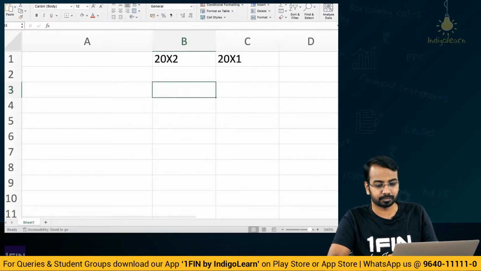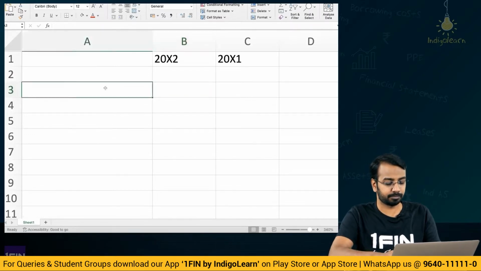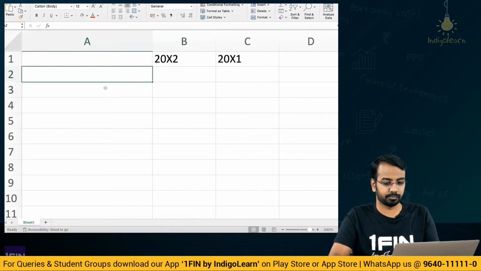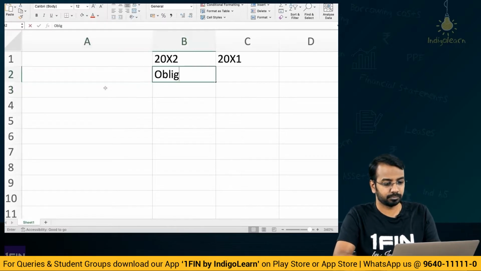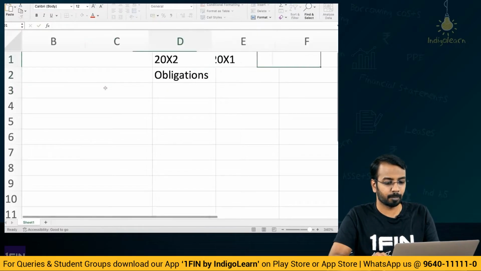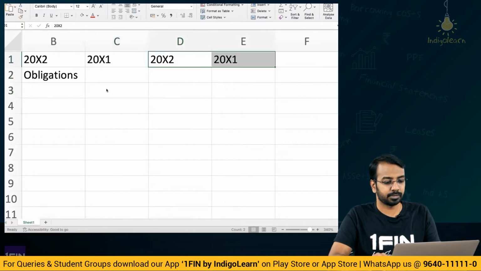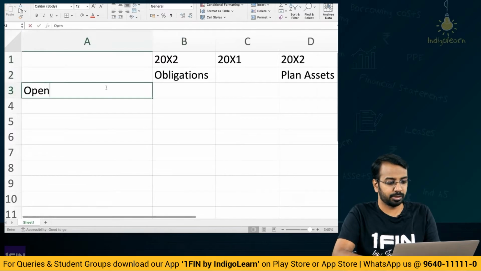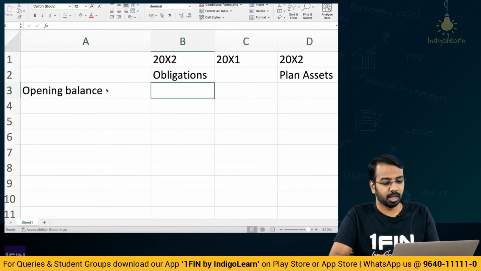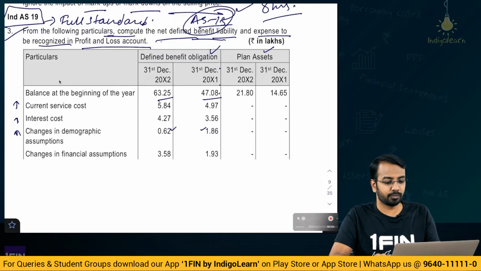Obligations and plan assets. Opening balance. How much is the opening balance? 63.25, 47.08.